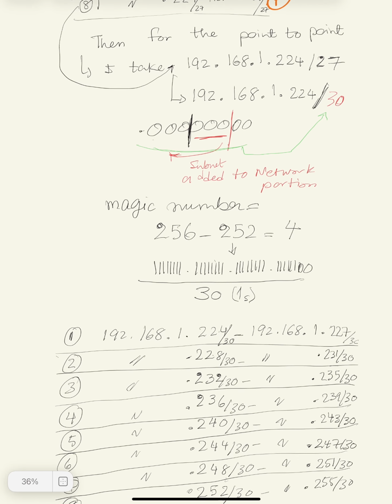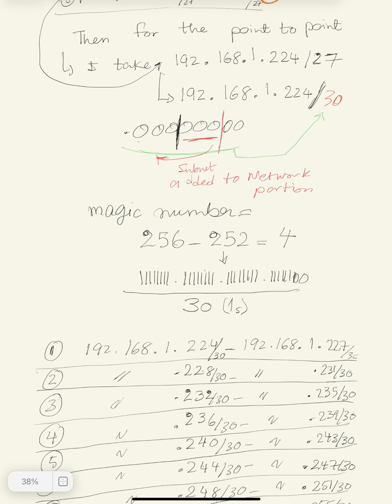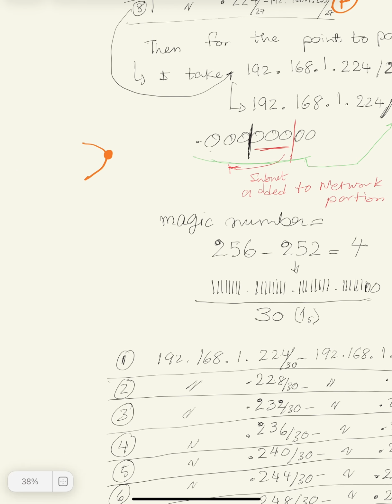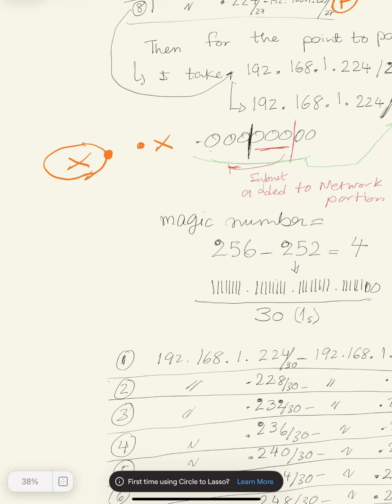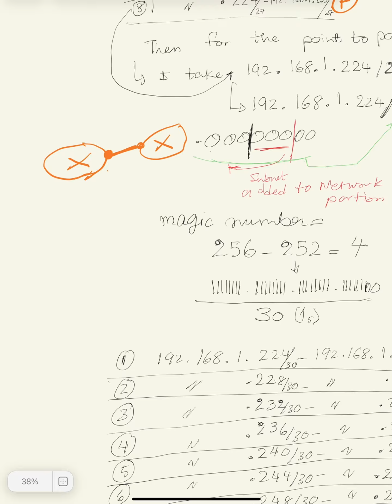When we have a point to point, it means only 2 IP addresses are required. A router is connected to another router through point to point. So we need only 2 IP addresses, okay?